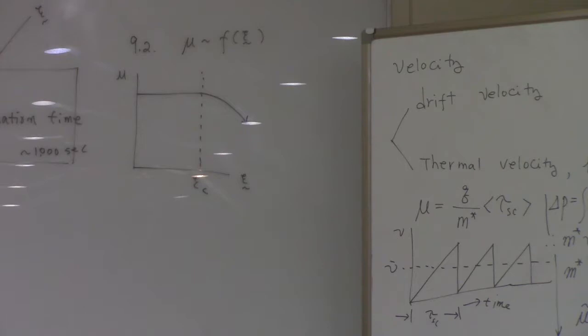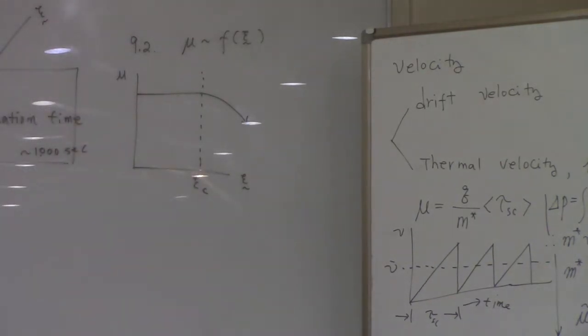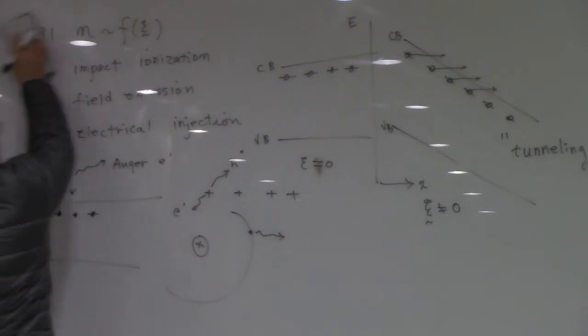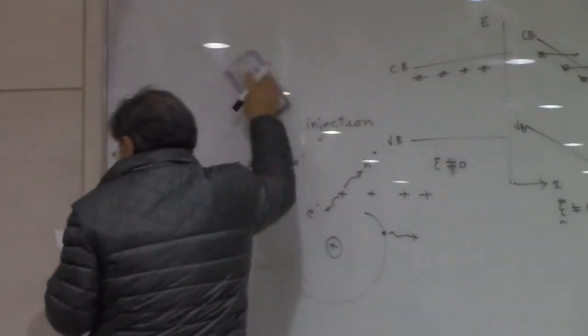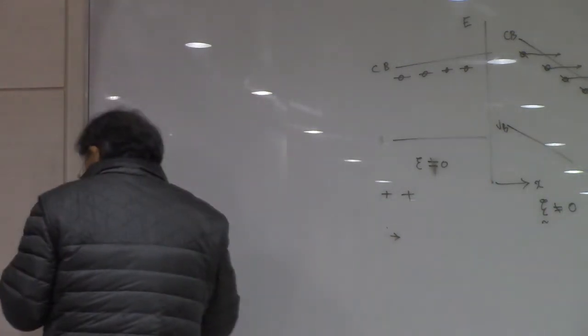if you increase the electric field, then the velocity is increased, but the relaxation time for the scattering is going to decrease, so that the mobility is going to decrease.